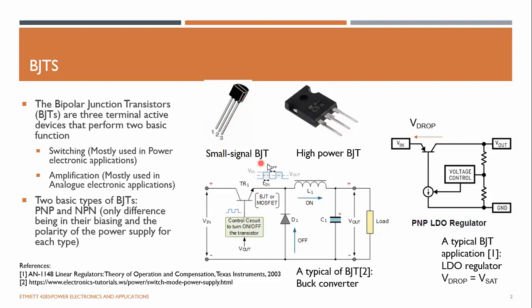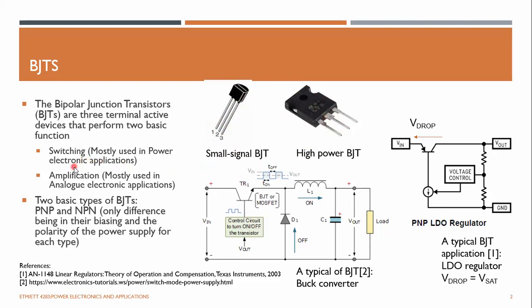We are not dealing with small signal devices of this kind. Most of the time, power electronics BJTs are for high power applications, and they can come in packages like TO247 or surface mount types.